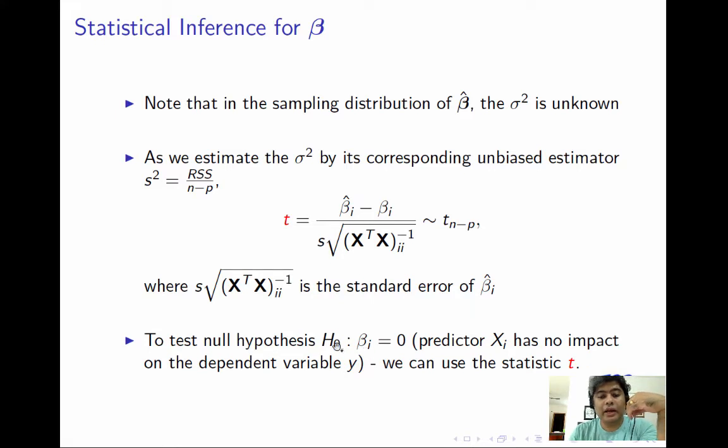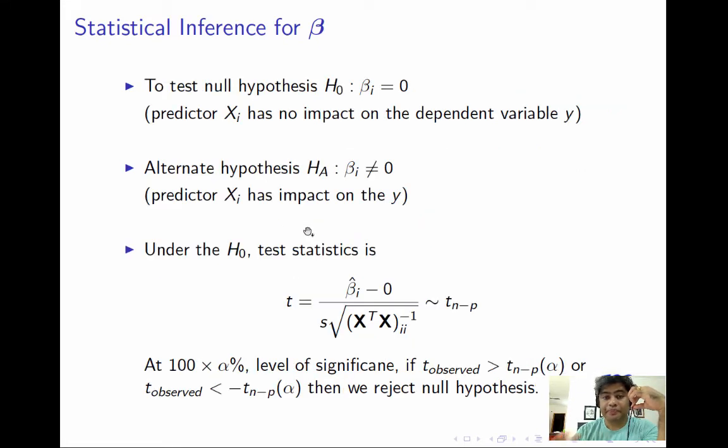Now we can use this student t distribution to do testing of hypothesis. Say the null hypothesis beta equal to 0. What does the null hypothesis beta equal to 0 mean? It means that predictor xi has no impact on the dependent variable y. In order to test this null hypothesis, we can use the test statistic T. So my objective is to test the null hypothesis beta i equal to 0.